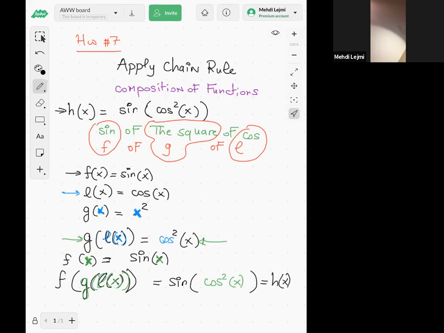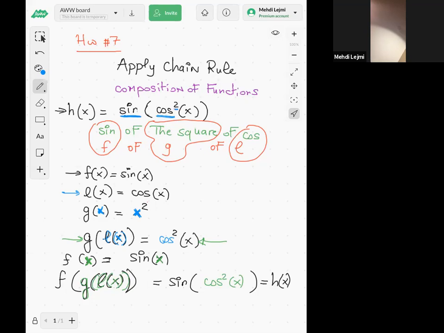So what I'm saying, guys, is that this function h of x is the composition of three functions: f, g, and L. It's not a product or a multiplication. When you look at h, you see a sine, that's the first function; the cosine, another function; and the square, the third function.